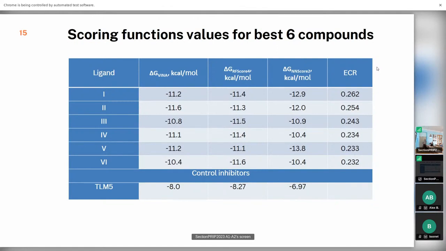They are much better than our control inhibitor, T11-5. But because molecular docking has some errors, we need to investigate these molecules with molecular dynamics, and we are going to do that in our next project. Thank you.